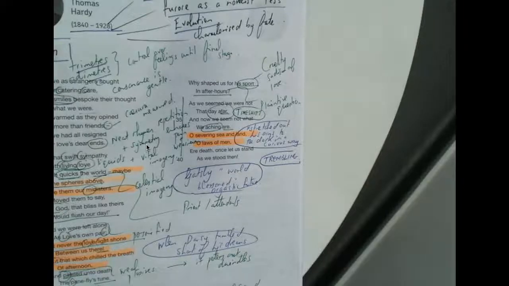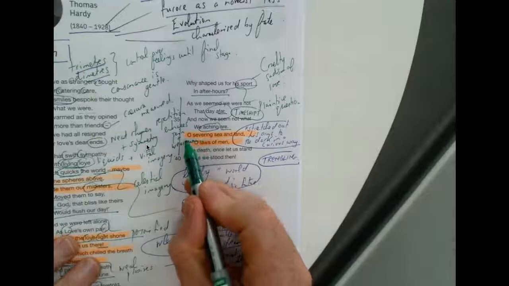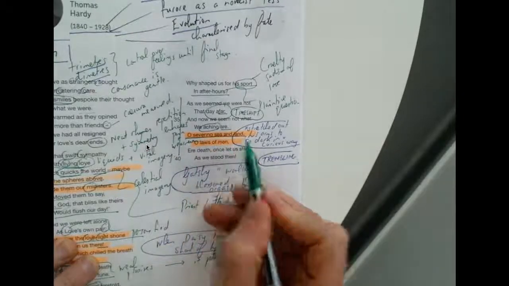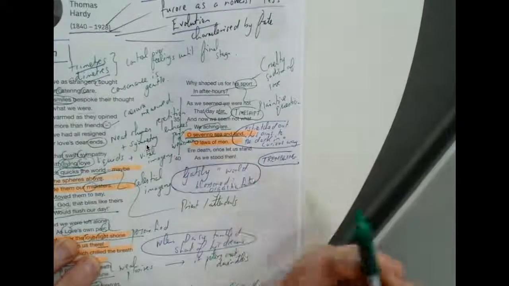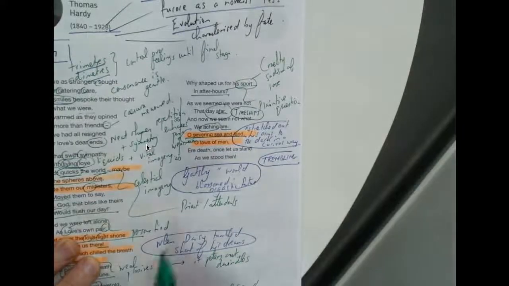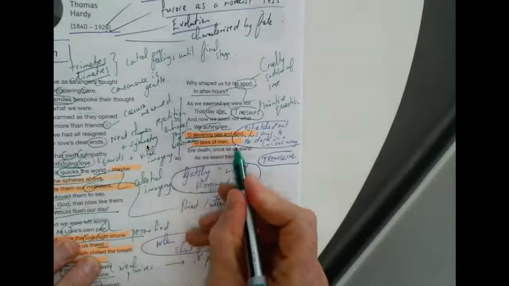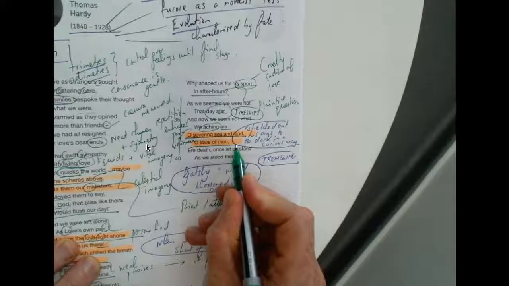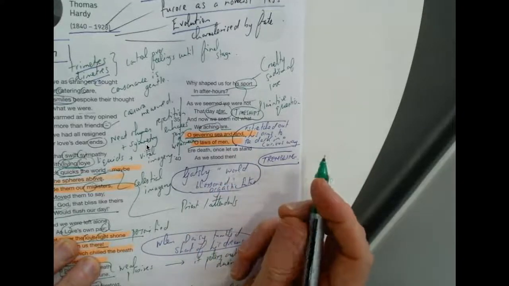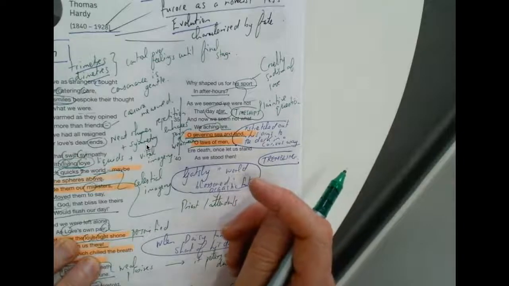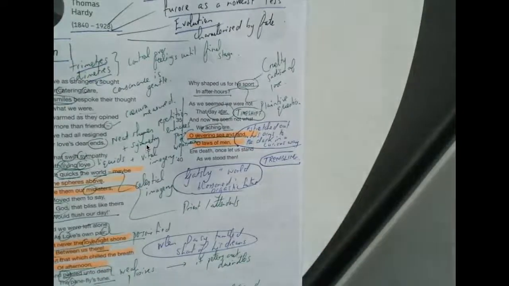And this is what I think you'll find very interesting, guys. "Oh, severing sea and land," there he cries out, doesn't he? It's almost biblical. "Oh, laws of men." Now, if you think very carefully, doesn't the sea also sever Gatsby and Daisy as Gatsby stretches out at the green light?